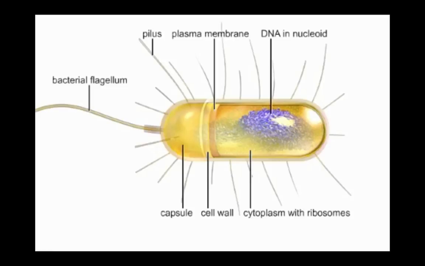A thick, protective capsule of jelly-like polysaccharide is the outermost layer of many bacteria. Pili are protein filaments that help cells attach to various surfaces and to one another. Bacterial flagella allow some prokaryotic cells to move about in a fluid environment.